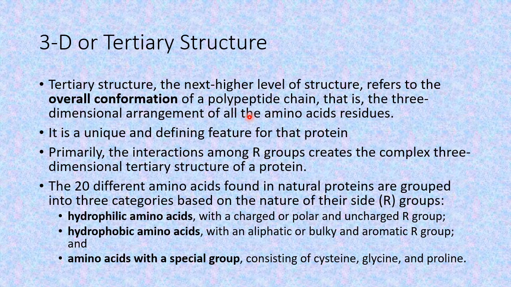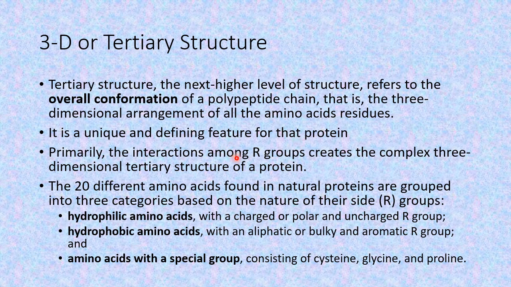The tertiary structure is the next hierarchical level of the protein structure, which leads to the final conformation, the final structure or positioning of various amino acid residues within that protein molecule. That is achieved by the formation of various types of bonds, and here this bond formation is between the side chains.